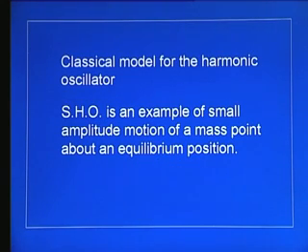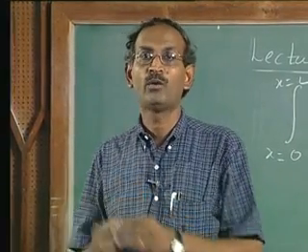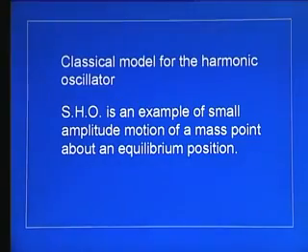Vibrations at the level of what are called the normal modes in molecules are analyzed or studied using the simple harmonic oscillator model. And part of the rest of this lecture would concentrate on the classical model, and then how we quantize and how we get the solutions and so on.